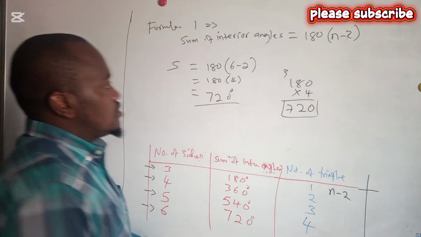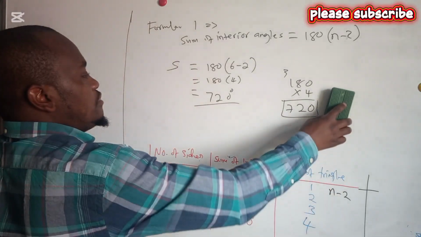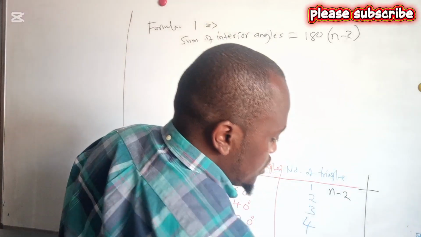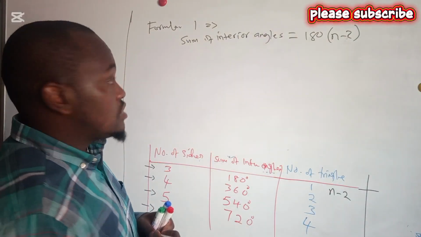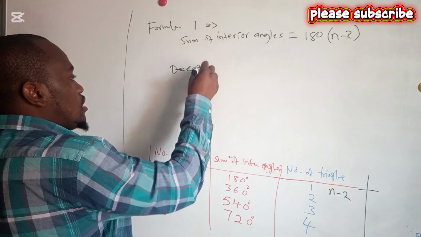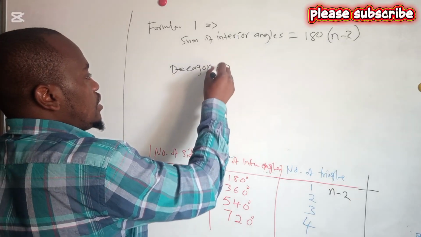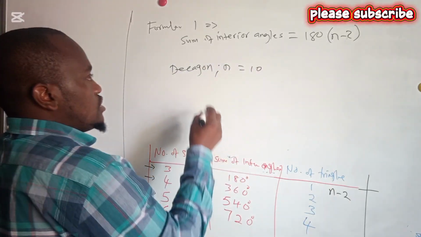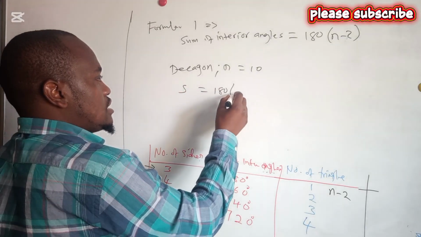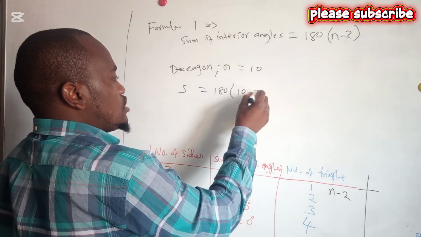What about if you are told to find the sum of interior angles of a decagon? A decagon has n equal to 10. So you're going to say S is equal to 180 in brackets 10 minus 2.